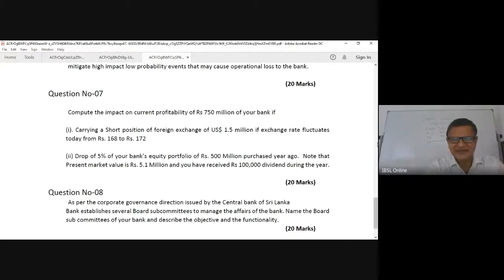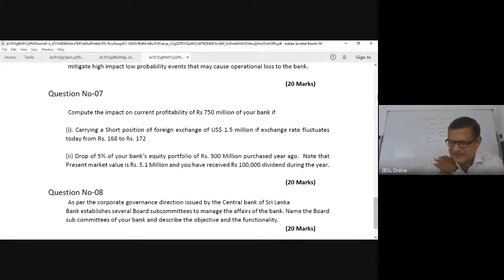If the rupee appreciates, say the rate is 166, the amount of rupees you are going to pay for a dollar gets reduced. You understand that, right? So we'll take the assumption that the rupee appreciates and the exchange rate drops to 166.